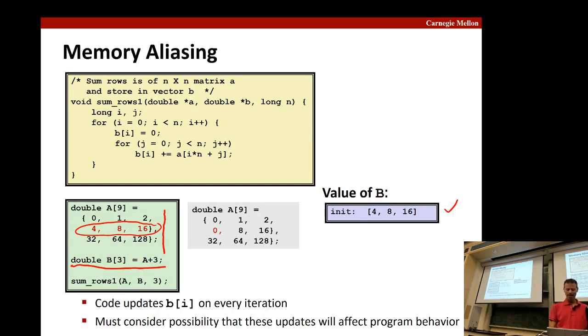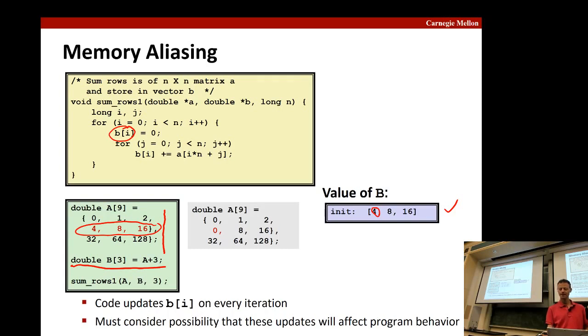The first thing that happens is we're going to set B sub I to 0. So that means that there's a 0 here, which then, of course, means there's a 0 in the A version too, right? Because they're referring to the exact same addresses.